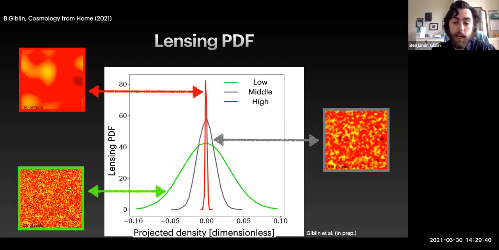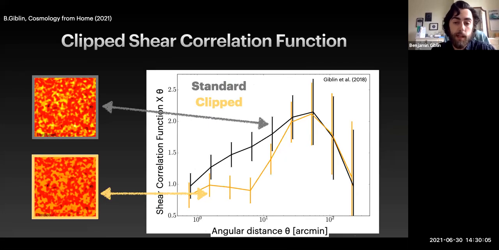And we find that by combining the lensing PDFs of maps that have been smoothed with different scales, we can extract much more cosmological information than we could if we just used one PDF measured from a map with a single smoothing scale.